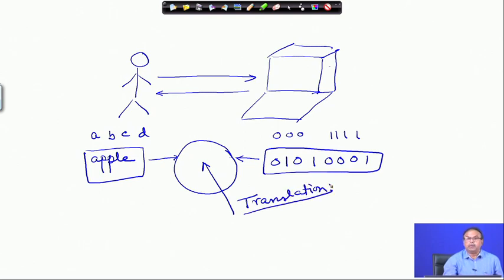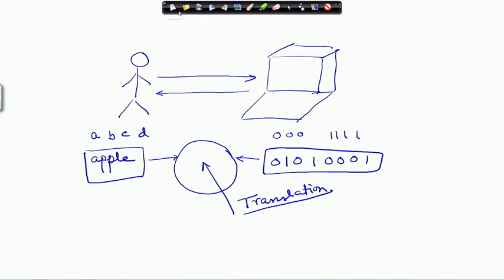So, we will be talking about this translation process in the next class, but before that let us summarize what we have learned till now. We have seen that there are problems which can be solved by computers and there are problems which cannot be solved by computers.